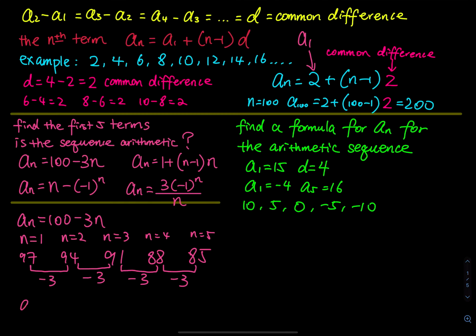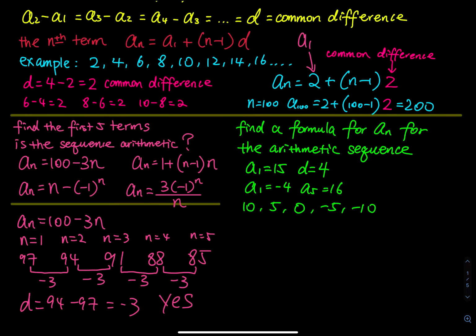So the common difference is 94 minus 97, which is equal to negative 3, and this is a constant. Constant means every time you go to the next number, you add the common difference. You add negative 3, which means you subtract 3, right? So yes, it is an arithmetic sequence.